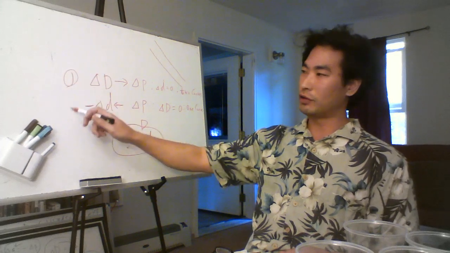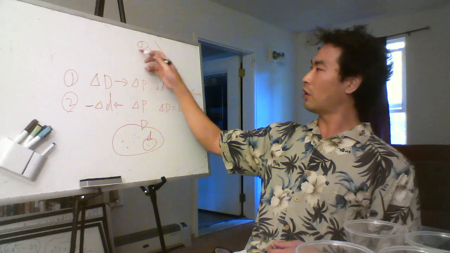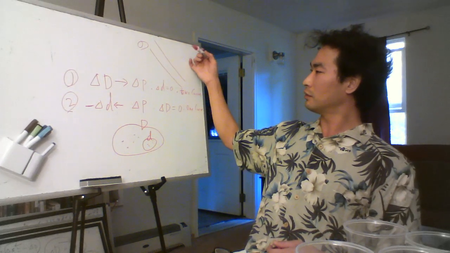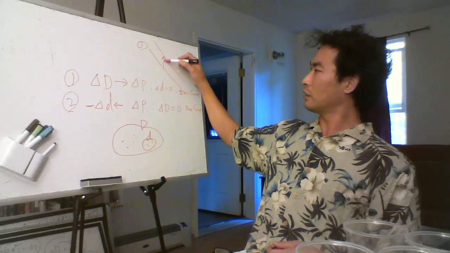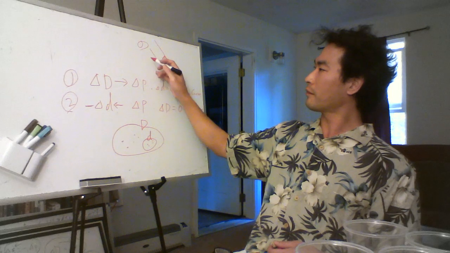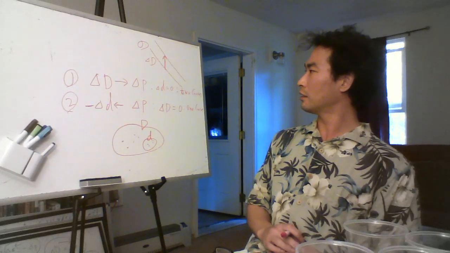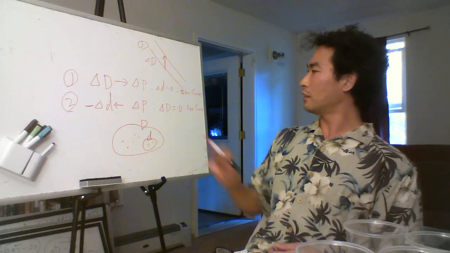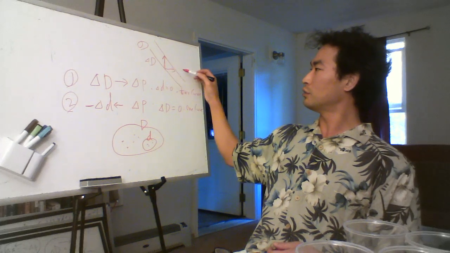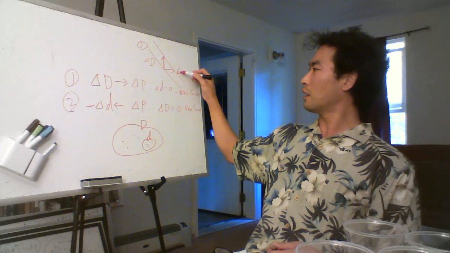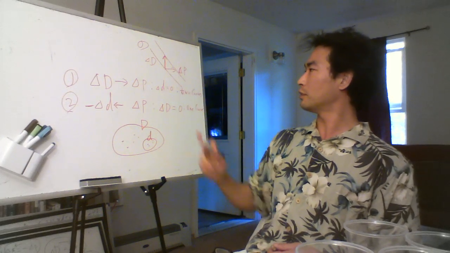Okay, number one, number two. It's about two curves. That's the big Delta D, and the delta small d is zero. So it leads to delta p positive. Price goes up. So that's that.